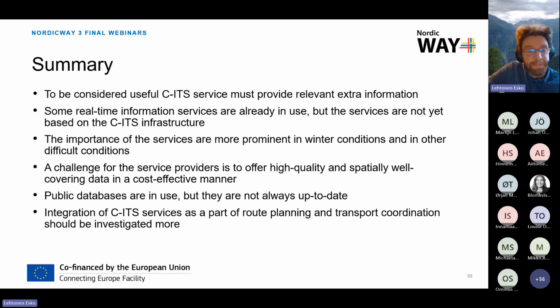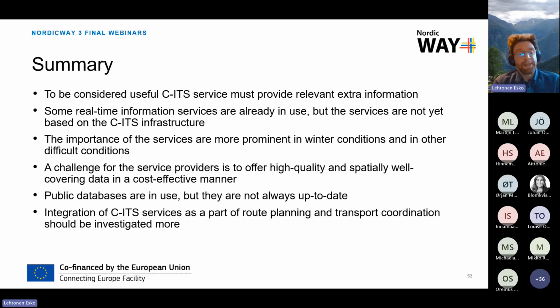And the challenge for the service providers is to offer high quality and spatially well covering data in a cost-effective manner, because they often have to, for example, collect the information on road conditions by themselves, and that might be difficult if you don't have large resources.